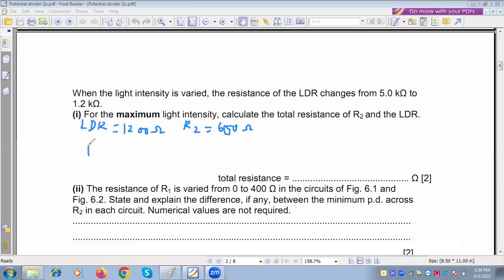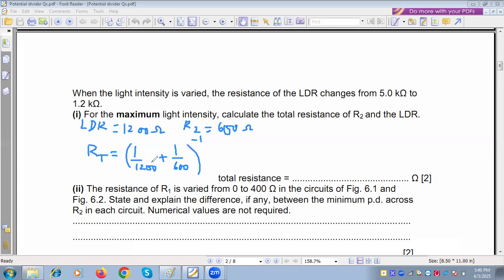R total will be equal to (1 upon 1200 plus 1 upon 600) to the power minus 1. Otherwise, if I don't put minus 1 in the bracket, I will have to use 1 upon RT.